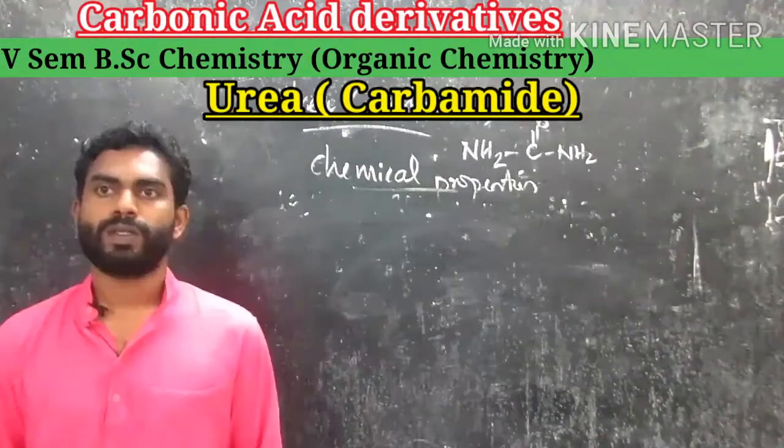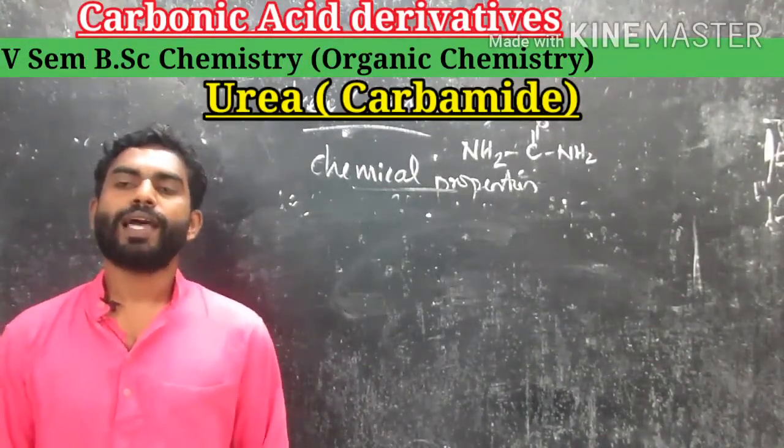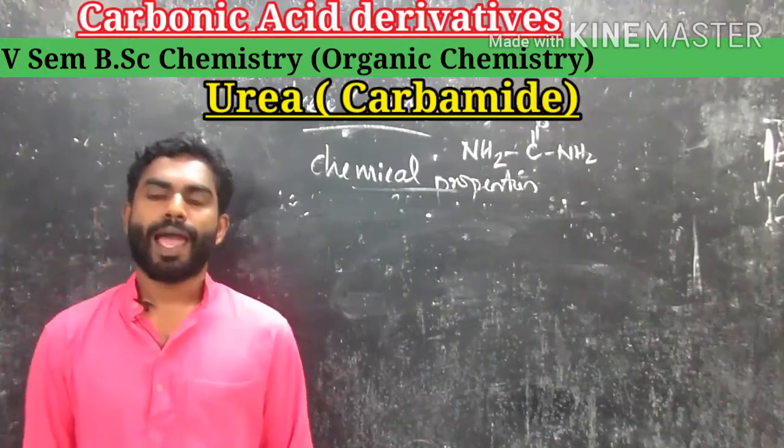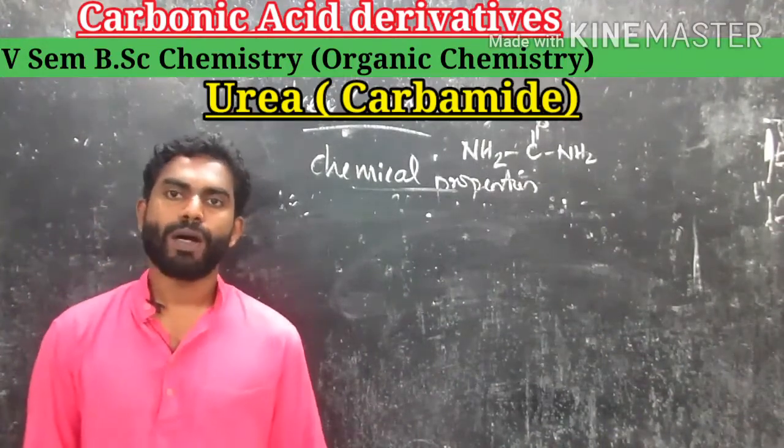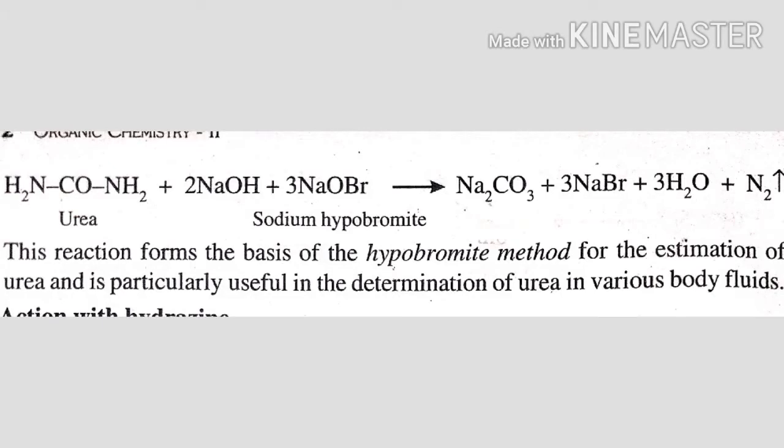Then action with alkaline hypohalite. When treated with an alkaline solution of sodium hypobromite, Br2 and NaOH, urea evolves nitrogen quantitatively. This reaction forms the basis of the hypobromite method for estimation of urea, and is particularly useful for determining urea in body fluids.